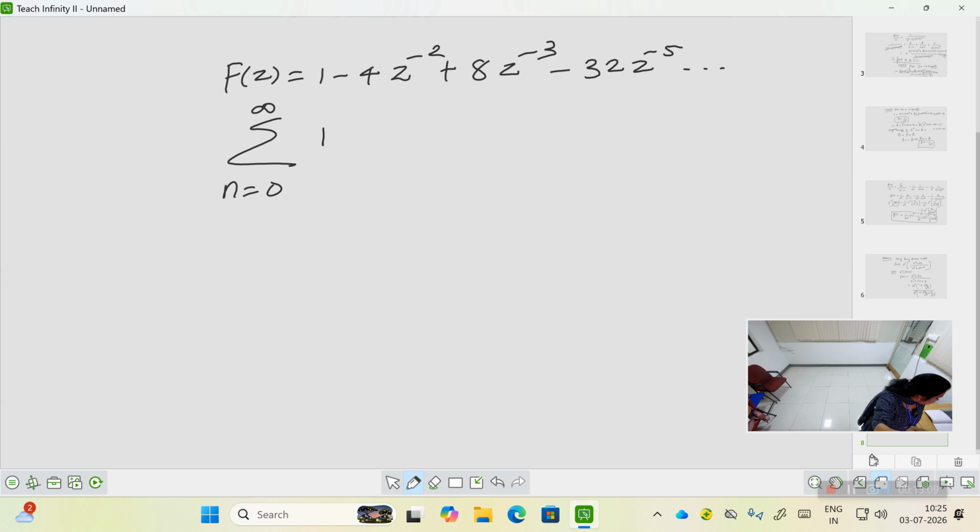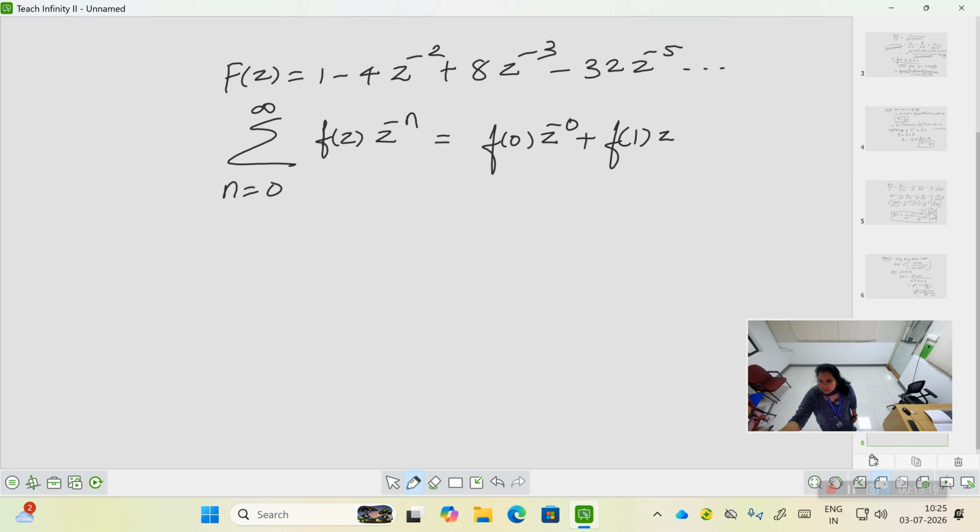F of z, we will take small f, z power minus n, which is nothing but f of 0 z power minus 0, f of 1 z power minus 1, f of 2 z power minus 2, etc. Now you take this as equation 1 and equation 2.